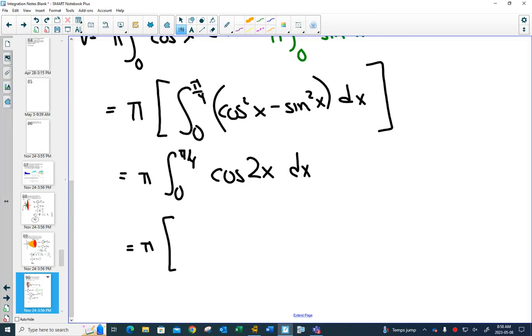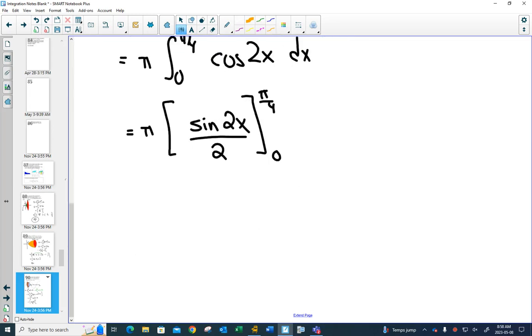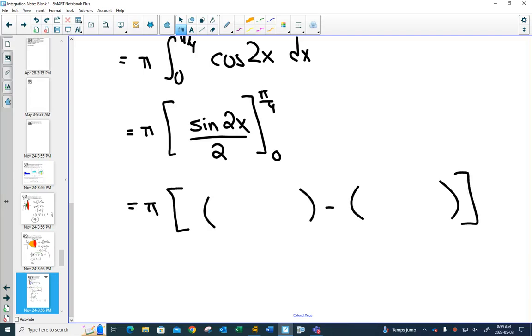So, the integral will be sine 2x, with a chain rule, so we have to divide by 2, times pi. If you plug in pi over 4, you get sine of pi over 2. You remember what sine of pi over 2 was?